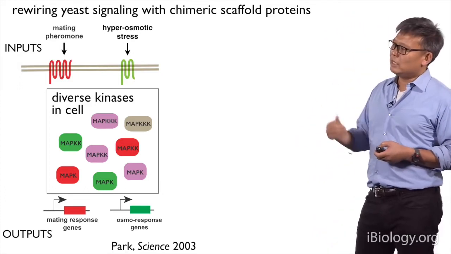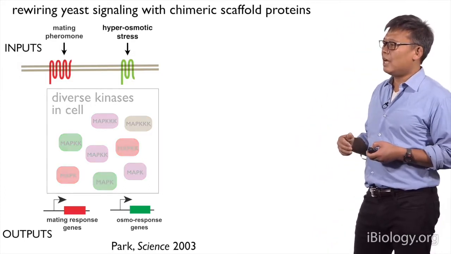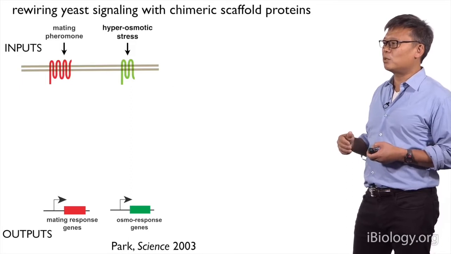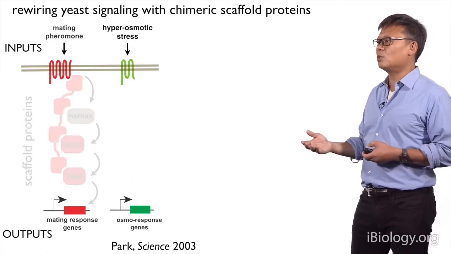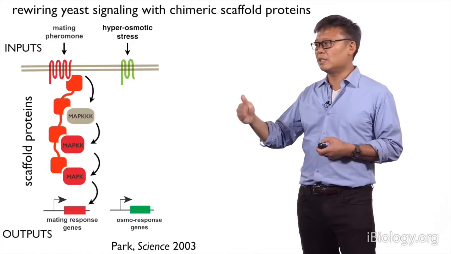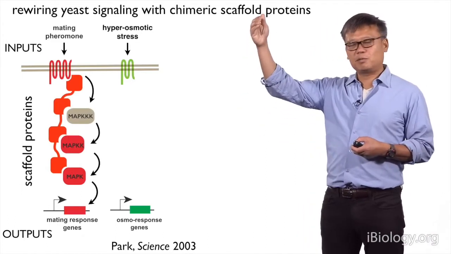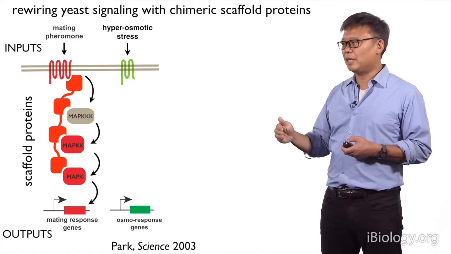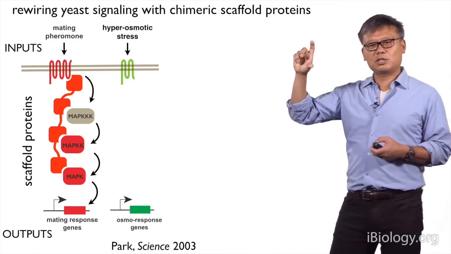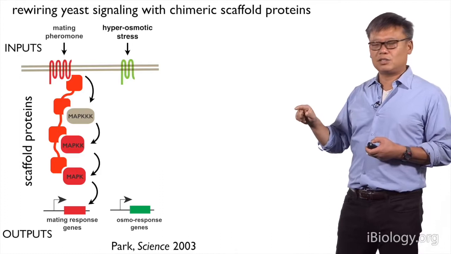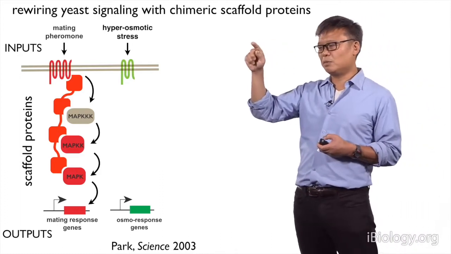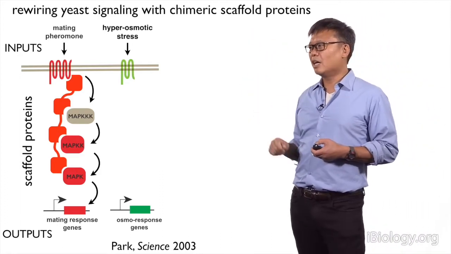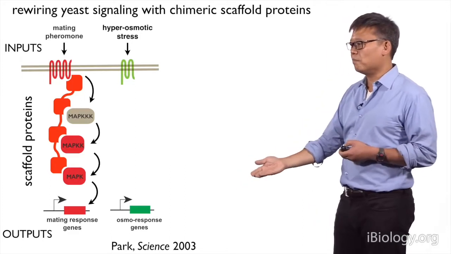And so one of the things that was discovered around this time was that there existed these scaffold proteins. For example, there's a scaffold protein that has multiple interaction domains that binds to the mating receptor as well as the set of kinases that are involved in the mating response. They essentially act almost as a breadboard to wire together this circuit so that you get specific transmission of information from the mating receptor to the mating genes.